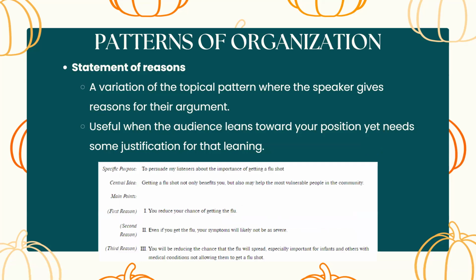Next is statement of reasons. This is a variation of the topical pattern where the speaker gives reasons for their argument. This is useful when the audience leans towards your position, yet needs some justification for that leaning. So an example would be a specific purpose to persuade my listeners about the importance of getting a flu shot.